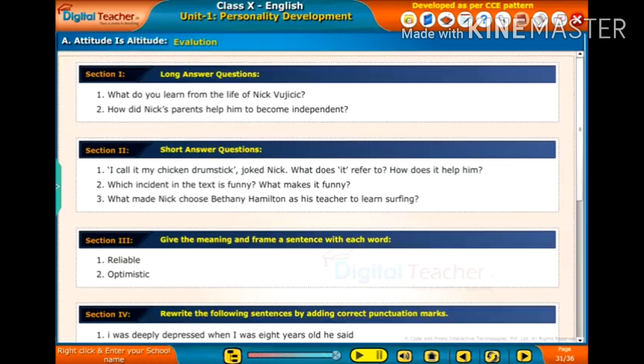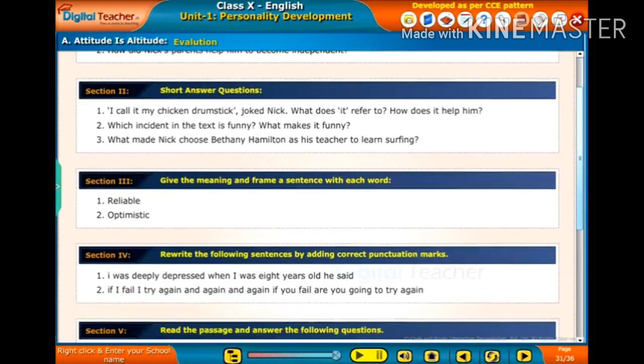Now, test your understanding of the lesson by taking the mock unit test.